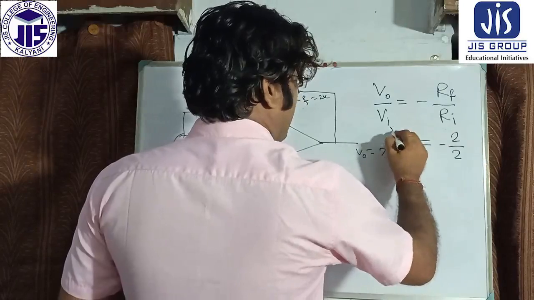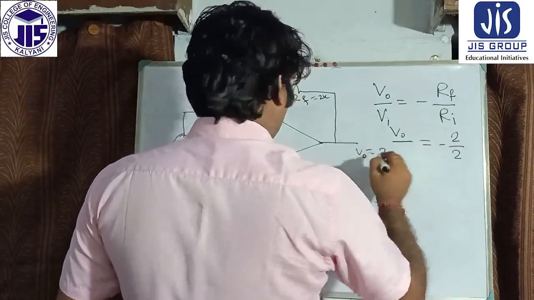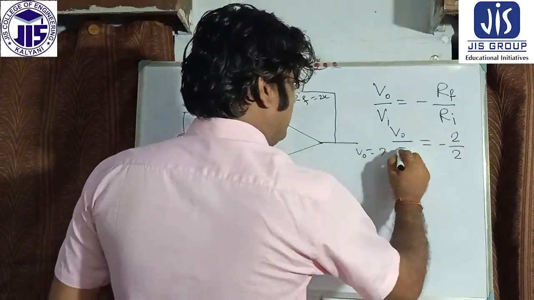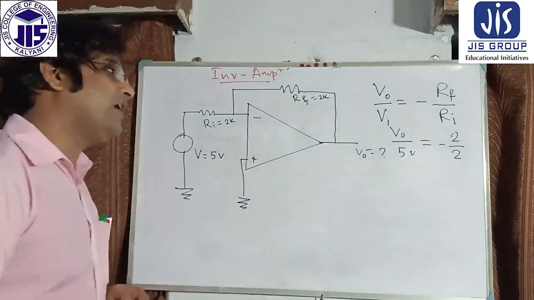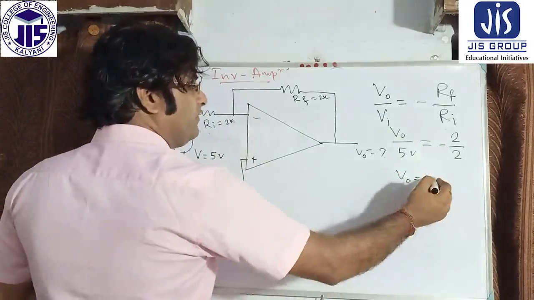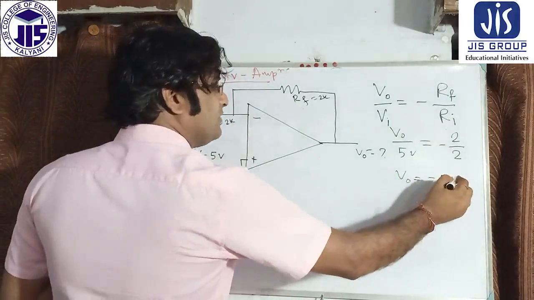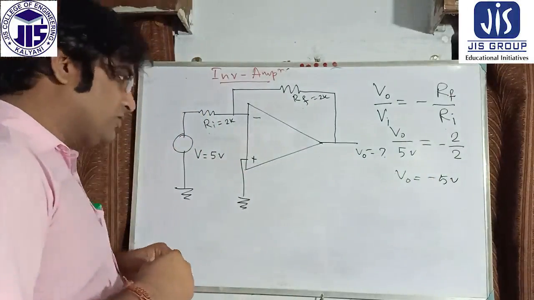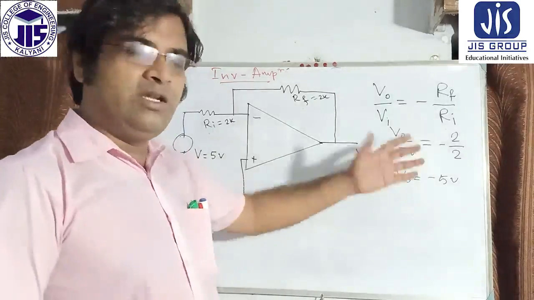Okay, very good. And this is V0, and Vi equals how much? This is 5 volt. So from there we can very easily calculate that V0 equals minus 5 volt. Then what happened?